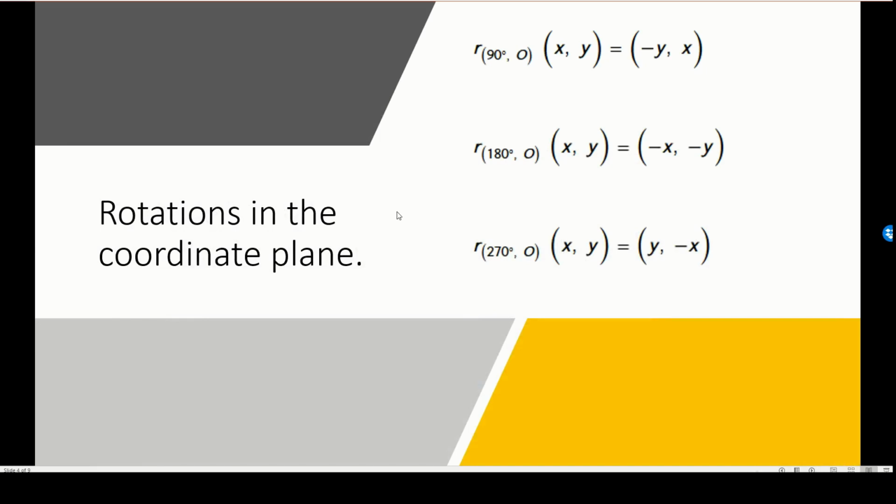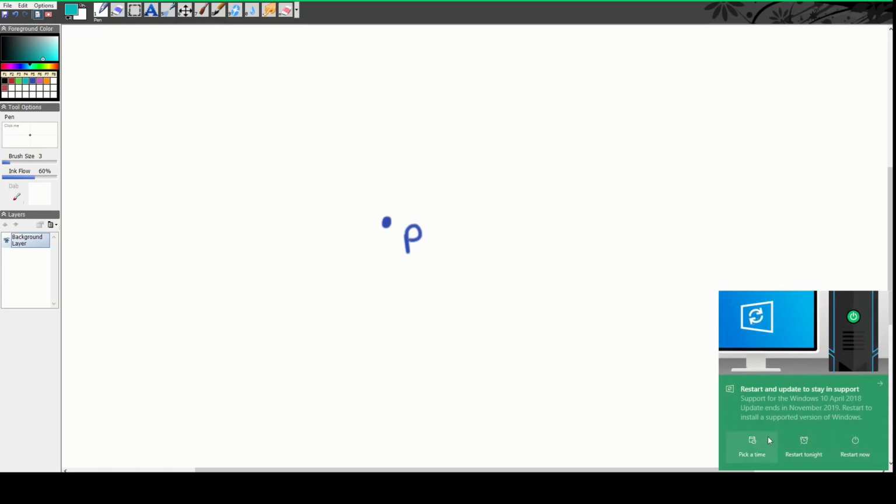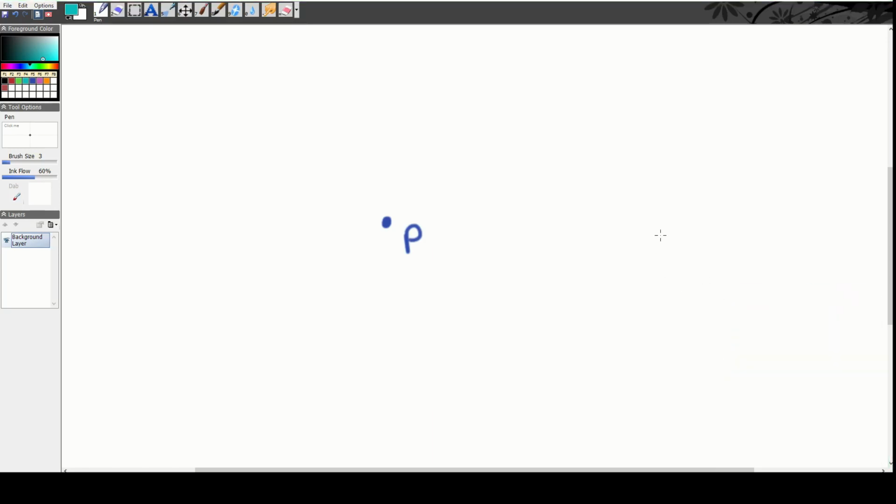Before we really talk about this, I want to show you what it means. So let's say we have a point P, and we have point A. All right. A starting point would be 0 degrees, right?